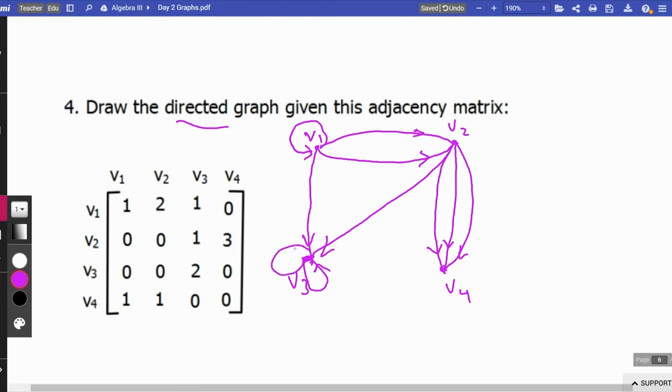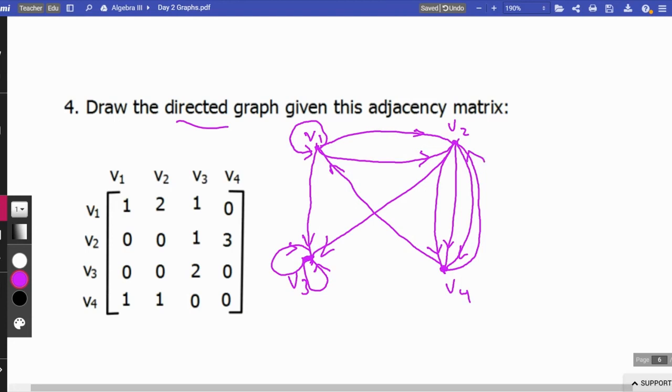And if it's going to itself, it just has to be a loop. And then vertex 4 goes to 1 once, and to vertex 2 once.